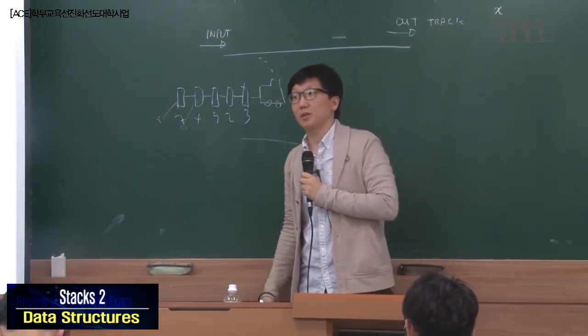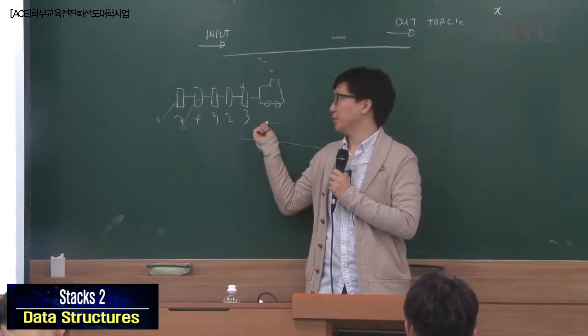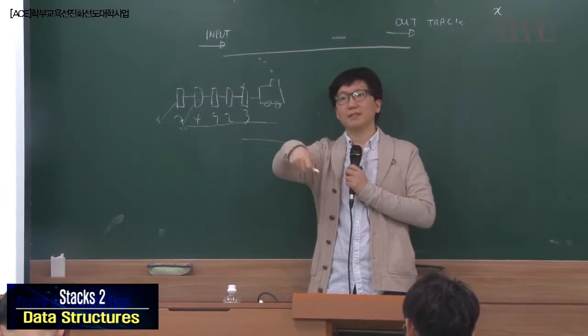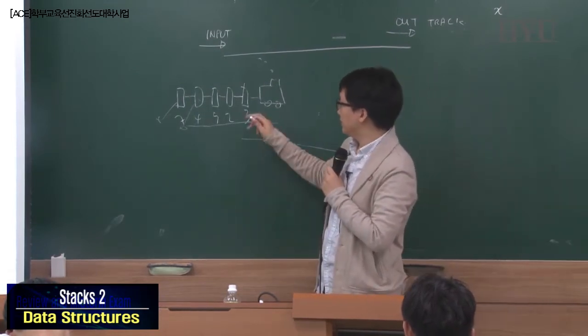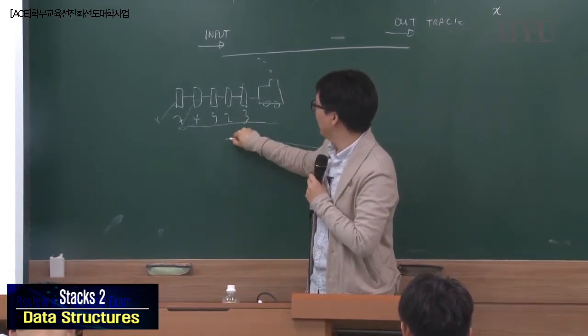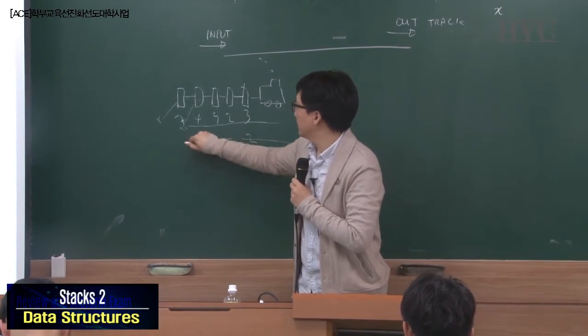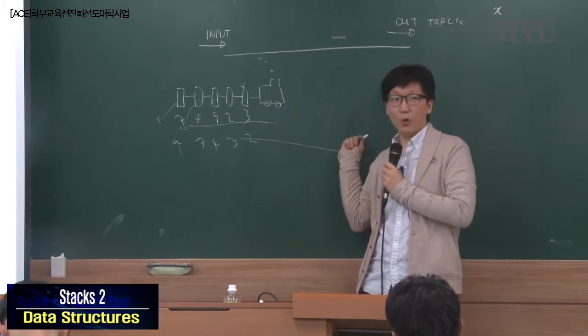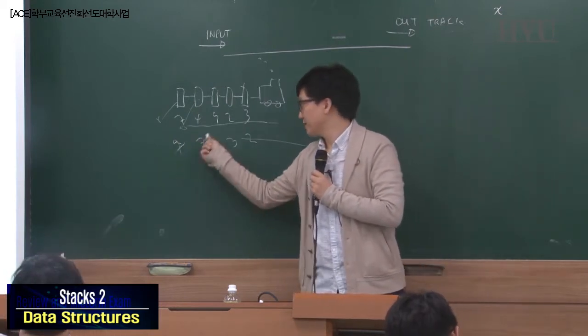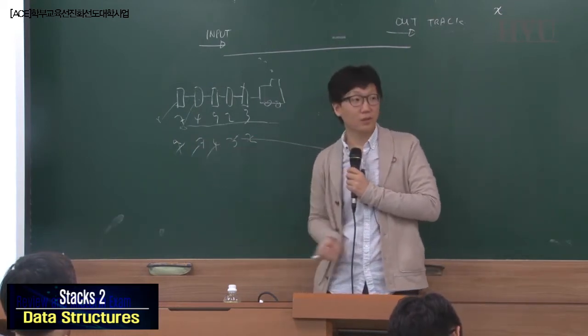That takes time. So the efficient way is probably to sort them in the delivery order. So for example, maybe I'd like to have 2, 3, 4, 7, 9, so I can go and drop 9, 7, 4, 3, 2 this way.